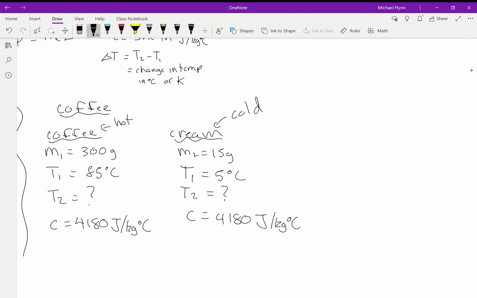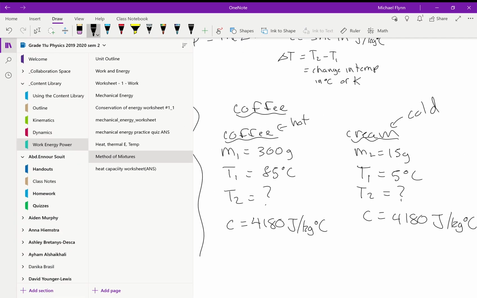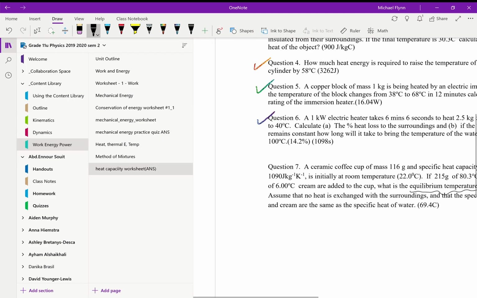Now your cup, we're not going to ignore the cup, which a lot of these questions will do. We're going to say M3 is equal to, I'm trying to see what's the mass of a cup, 116 grams? Let's make it 200 grams, a little bit bigger.